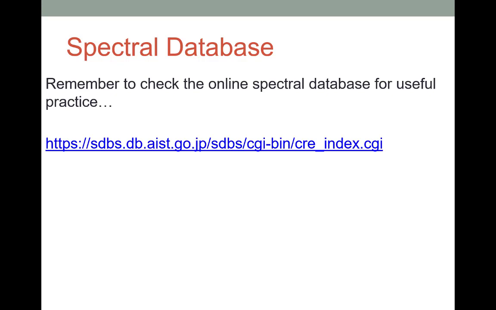Again, this is the SDBS, the spectral database I've referenced a few times and where a lot of the images in our PowerPoint have come from. So you can search for this, go in, punch in a molecular formula or a molecule name, and it'll come up with all the different kinds of spectra that are available from IR to NMR, mass spec, and then other things that we haven't talked about.